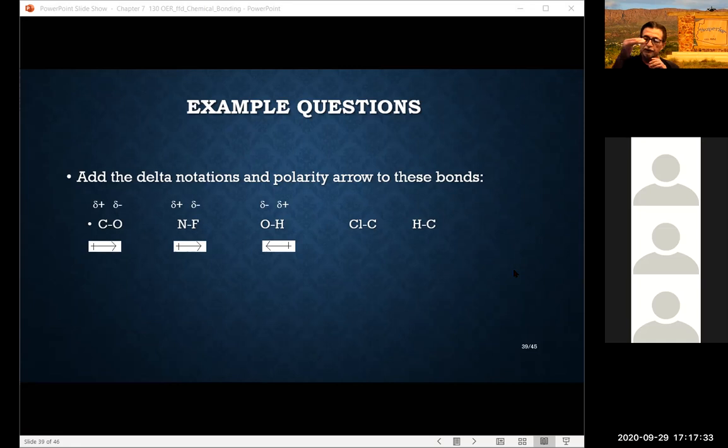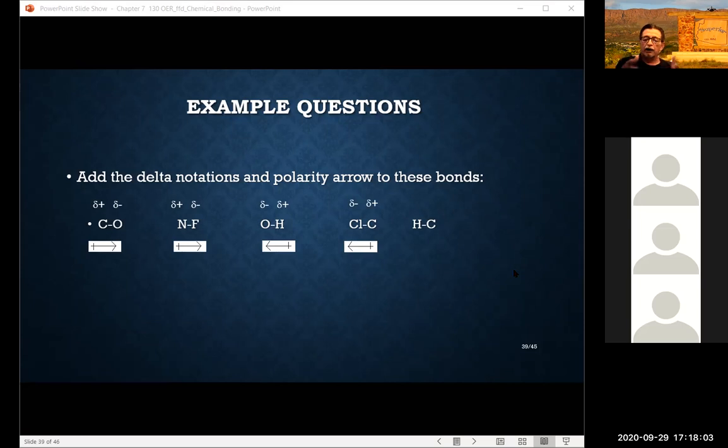Even though chlorine is one group down, carbon is 3 columns to the left of fluorine. So chloride is a lot more electronegative, so our arrow goes from right to left. As a general guideline, the halogens, that's group 7, always win the tug of war with respect to electronegativity.